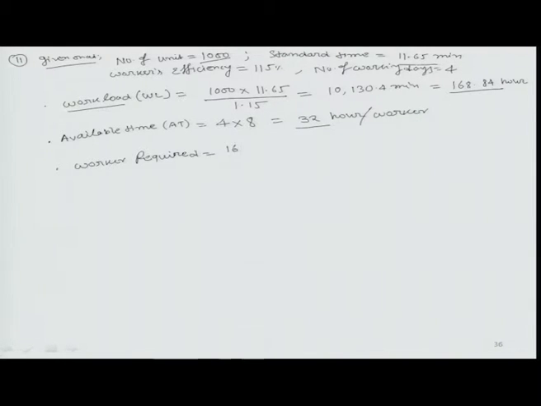So 168.84 hours divided by 32 means 5.28 workers. Since a worker is a human being, we can't use this figure, so we will have to round it and we will require 6 workers.